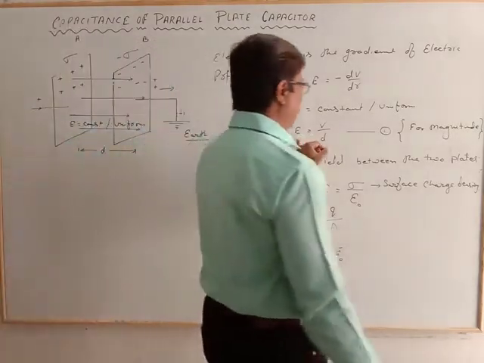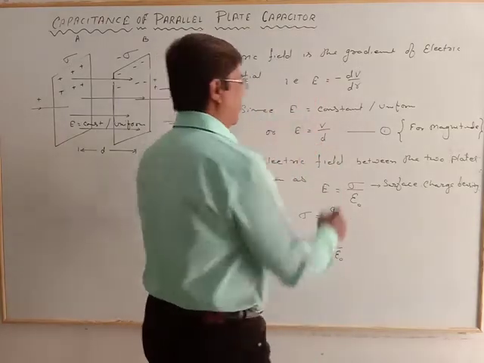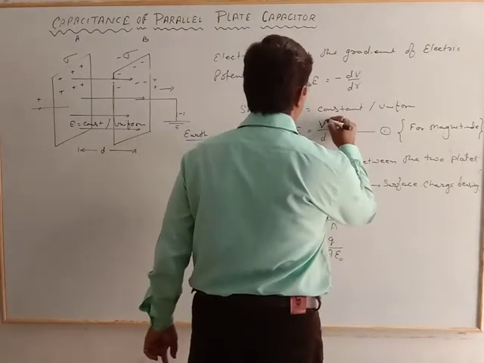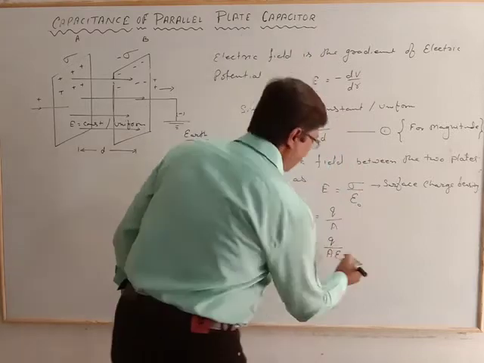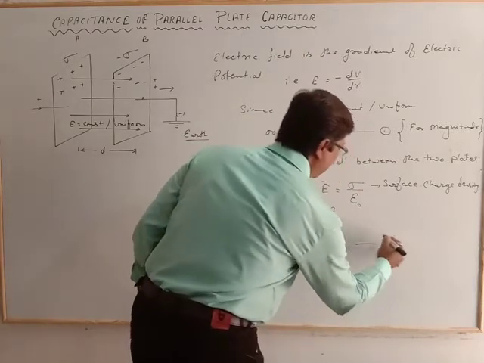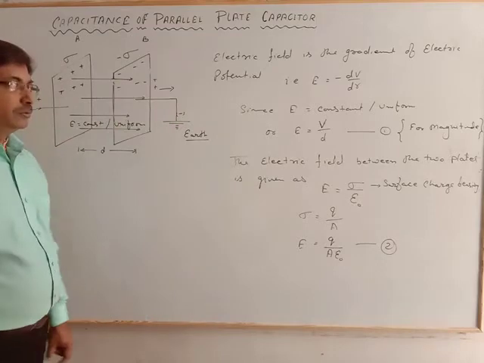So we have the potential of the plate over the distance between the plates in one relation, and this is another relation, equation number 2.